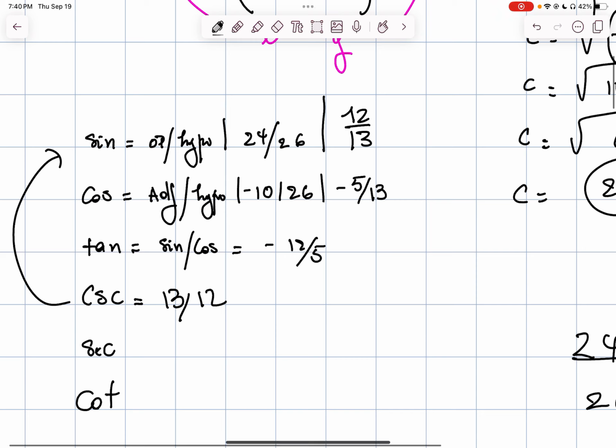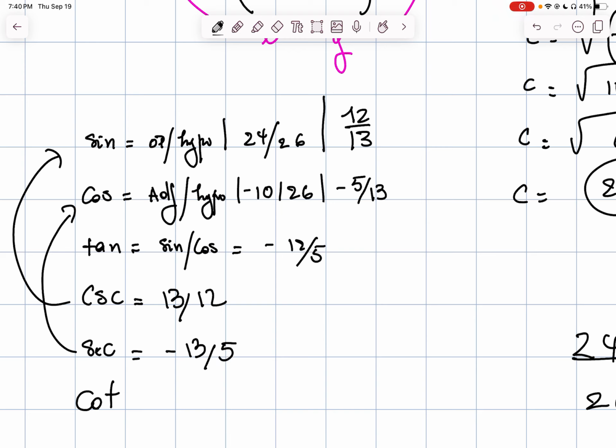Secant is related to cosine. Cosine was minus 5 over 13, so it's still negative, but flipped: minus 13 over 5. Cotangent is directly related to tangent, so you flip your tangent. Your tangent was minus 12 over 5, so cotangent is minus 5 over 12.